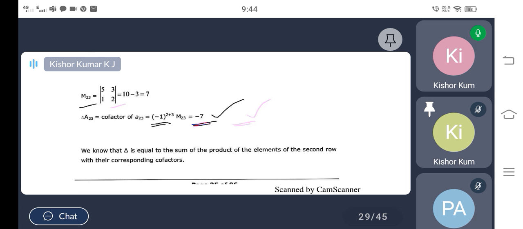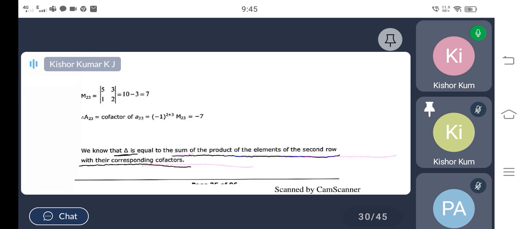So now how do we evaluate this? We have calculated the cofactors, and using them it is very simple to evaluate the given determinant. Delta, the determinant value, is always equal to the sum of the products of the elements of the second row with their corresponding cofactors. In a previous example problem we had proved that if you consider any row or any column, it is not a problem.